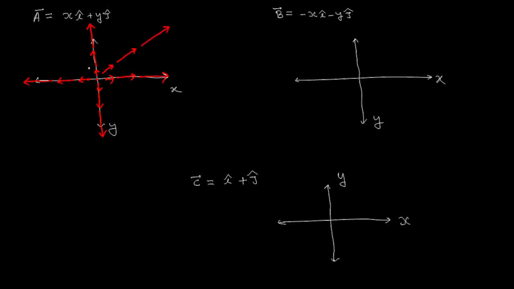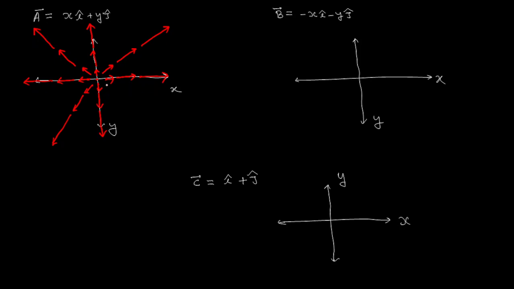And in the same way, if we put x equals minus 1, y equals plus 1, then this vector will be along this direction. And then minus 2, plus 2 and minus 3, plus 3 will give you the same. And if you take x equals minus 1, y equals minus 1, this will be along this direction. And then minus 2, minus 2 will be this, and minus 3 will be this.